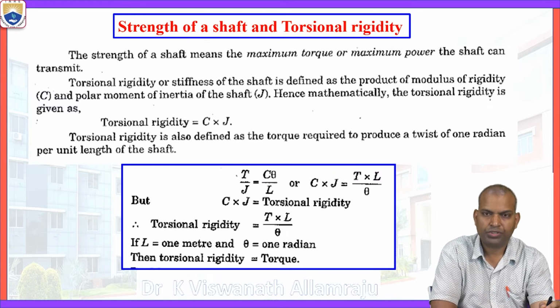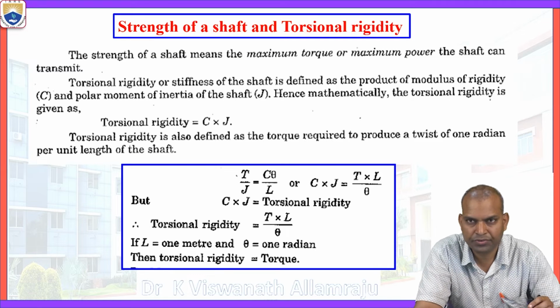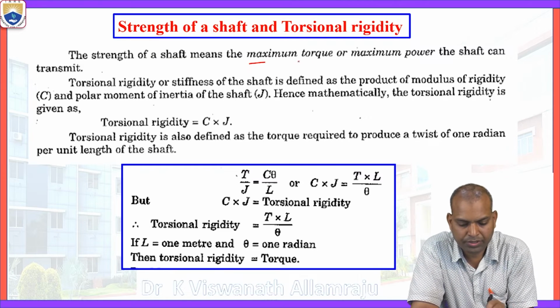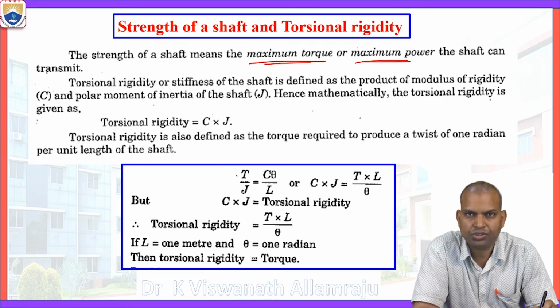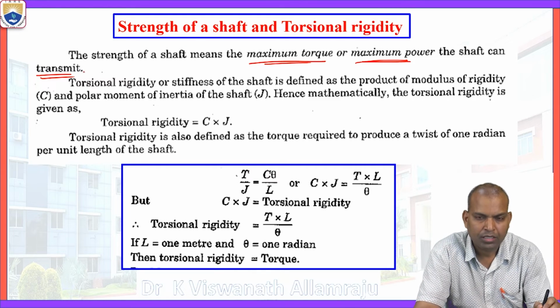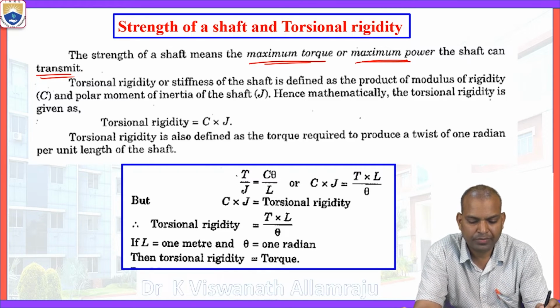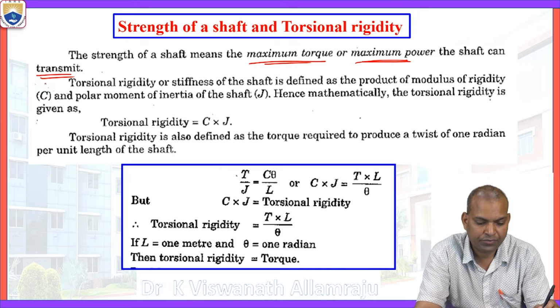Now what is the strength of a shaft? The strength of a shaft means the maximum torque or the maximum power the shaft can transmit. That maximum torque is known as the strength of a shaft.